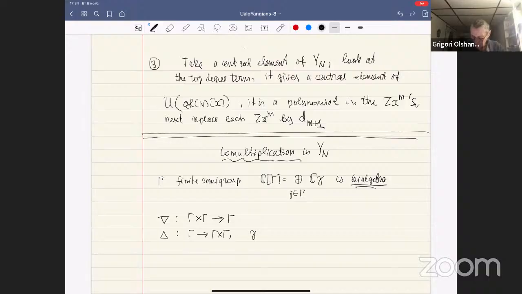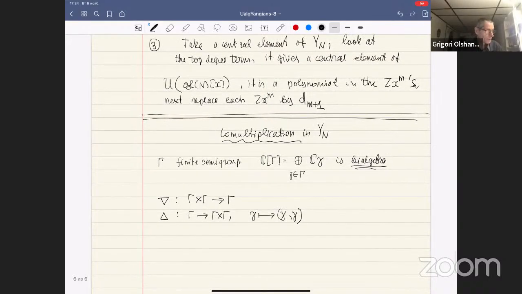Given element gamma, we assign to it the element on the diagonal. And this gives us two maps. One map is multiplication, the usual structure, the usual product in the group, in the semigroup algebra.